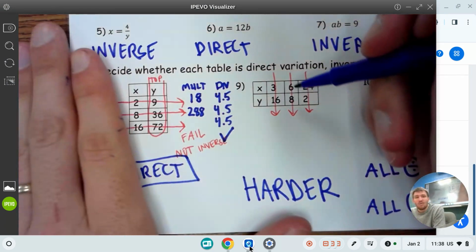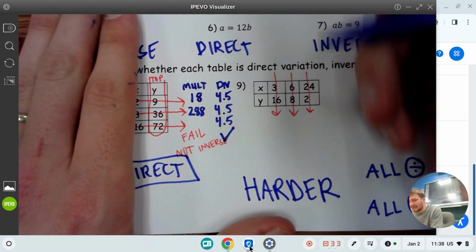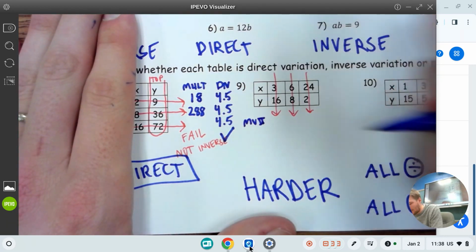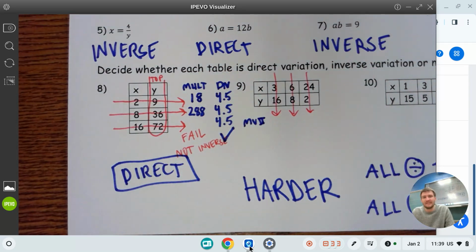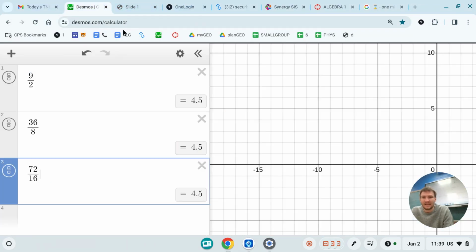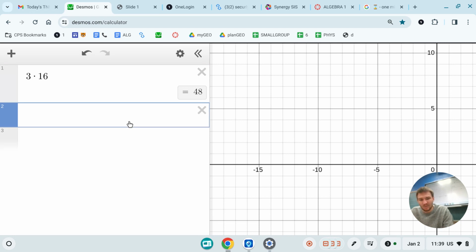So, what we've got here, I heard somebody say multiply. Sure, let's try multiplying first. And we might be able to do these in our head. 3 times 16. And maybe we can. Let's try. 3 times 16, 48. What about 6 times 8? 48.